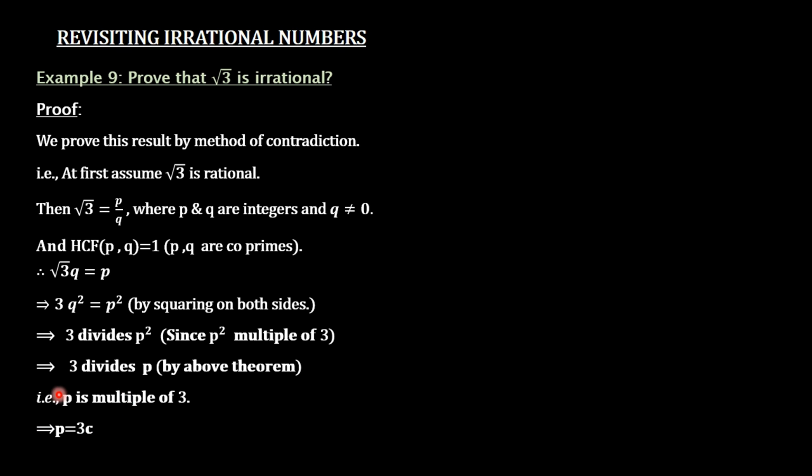Then, if P equals 3C, we apply this in P square. What will we get? 3Q square equals 3C whole square. That is, instead of P, we put 3C whole square, which is equal to 9C square. Then on cancelling 3's, we get Q square equals 3C square.